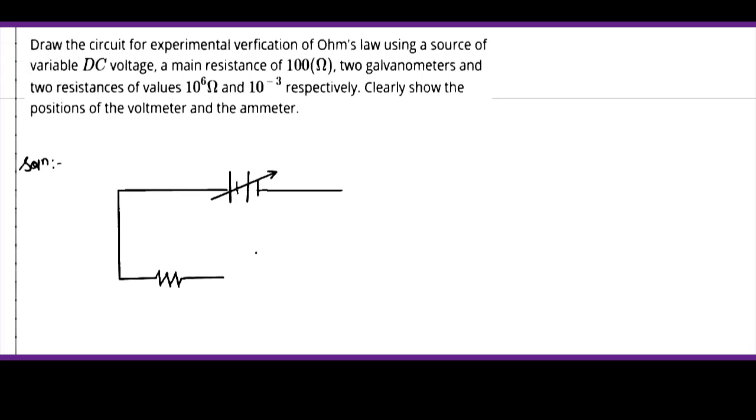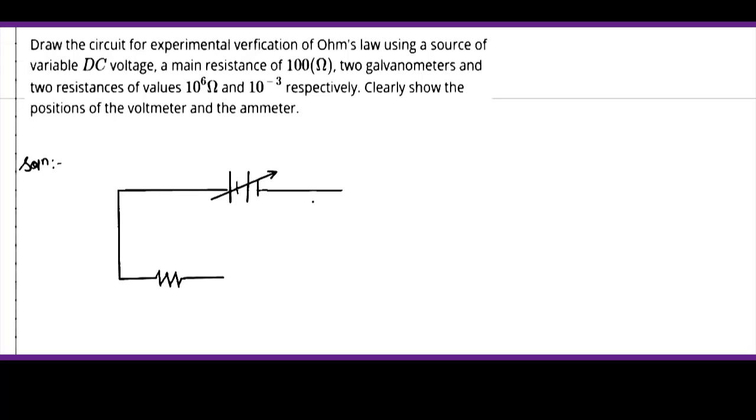The only variation that comes in a galvanometer as an ammeter or as a voltmeter lies in the way the resistance is connected, and also the value of the resistance connected. So basically we have two galvanometers and two resistances.